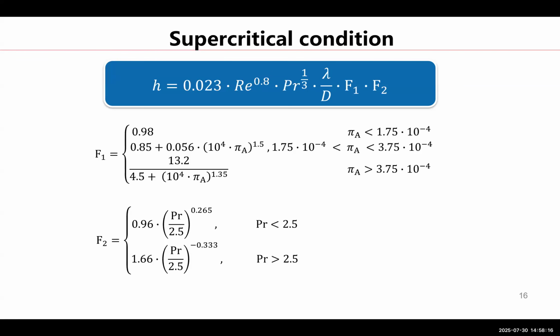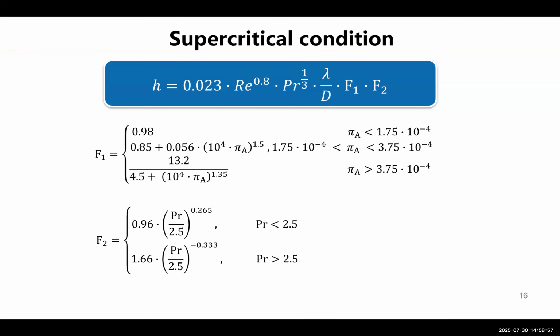Therefore, the new correlation should be applicable to all heat transfer regions: heat transfer enhancement, normal heat transfer conditions, and also the heat transfer deterioration case. Fourthly, the iteration process and the possible problems of multiple solutions should be avoided. That means in the new correlation, the boundary conditions should only contain the heat flux, and the wall surface temperature should be avoided.